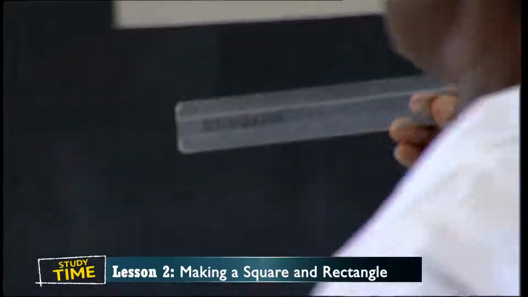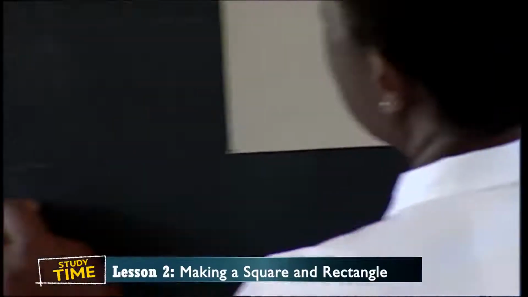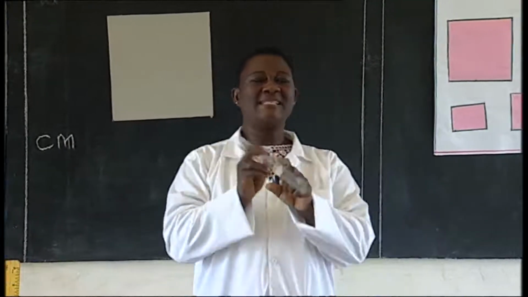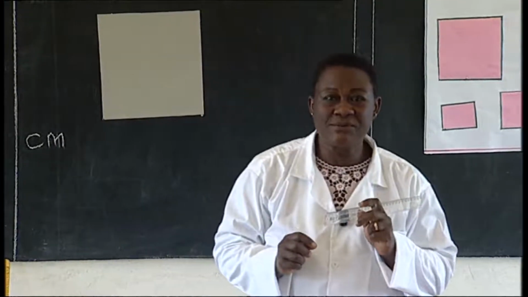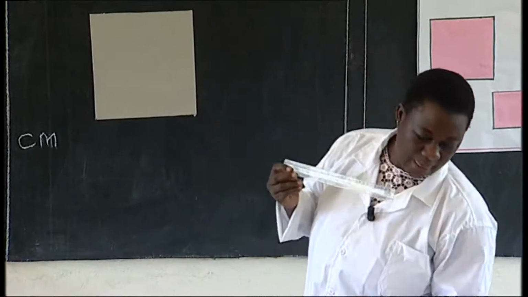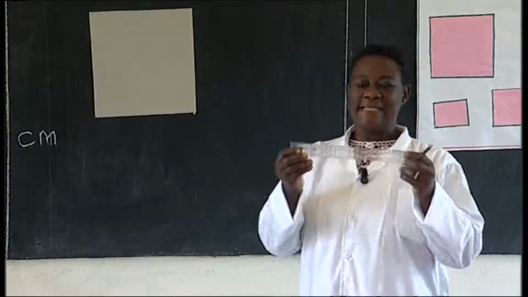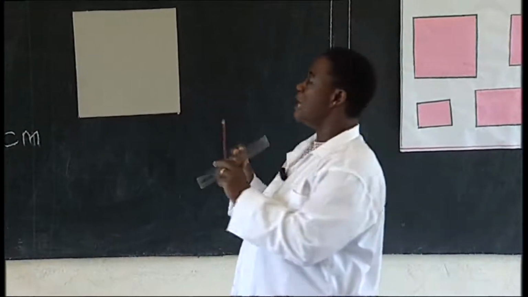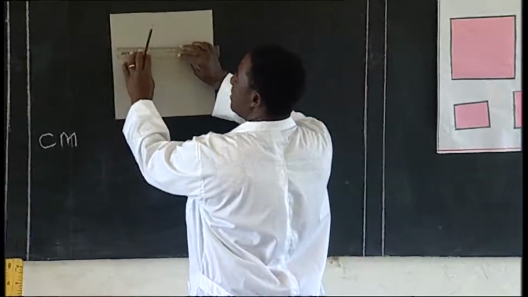Centimeters is written like this, cm. So that is the side we are going to use, and we are going to take 10 centimeters. So you press your ruler on the paper.